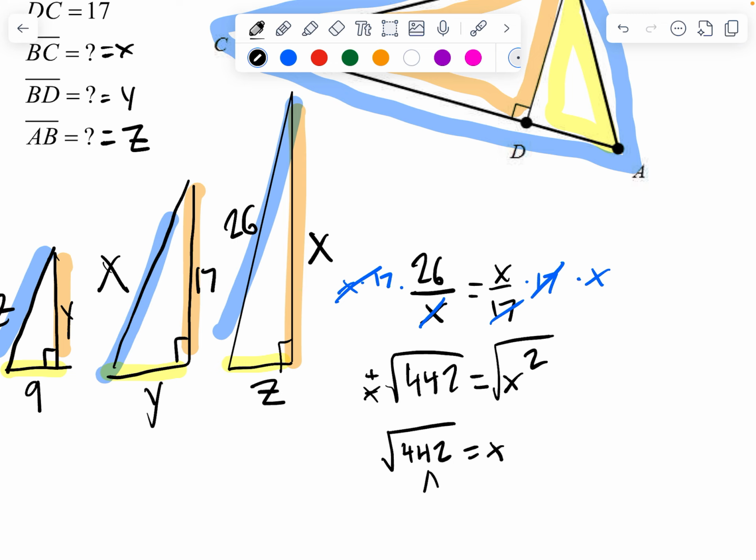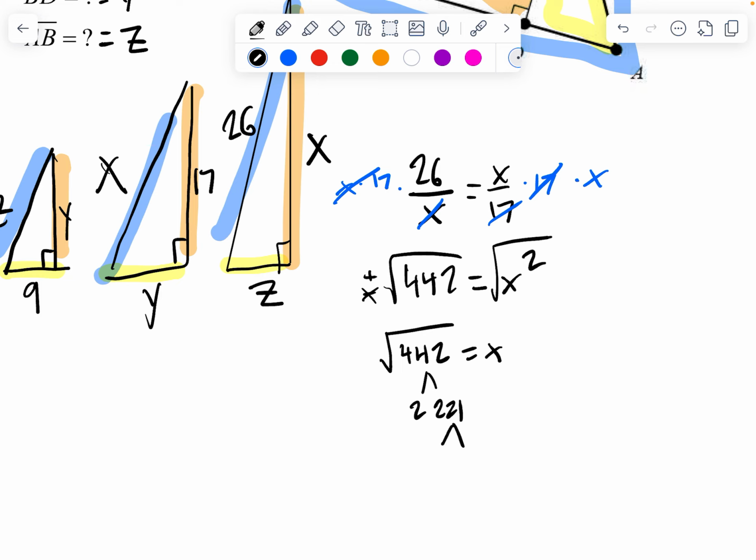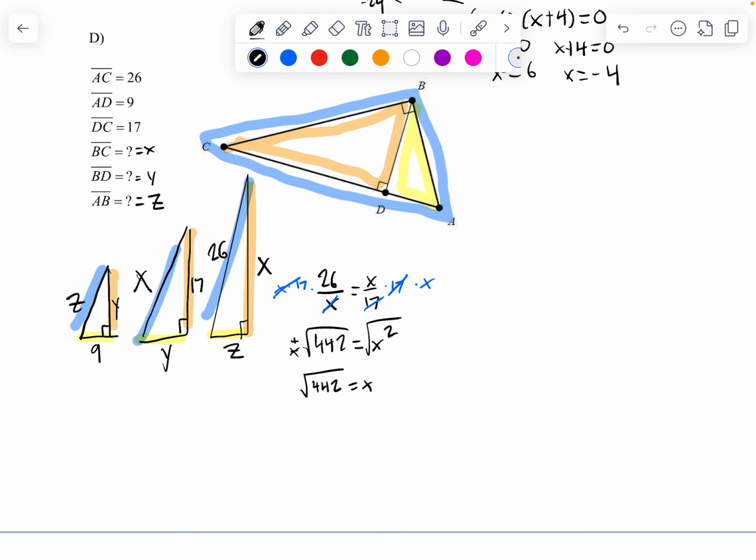Now, if you try breaking this down, we get 2 and 221, all right? Remember how we got to this is we multiplied 26 and 17, which means that this is 13 and 17 remaining. That's not going to simplify, so square root of 442 is what we're going to keep it as, all right?